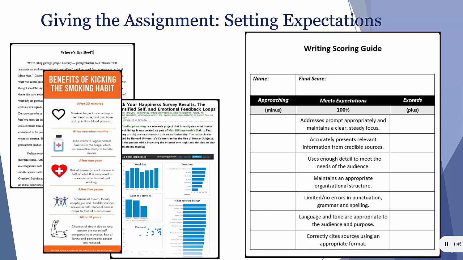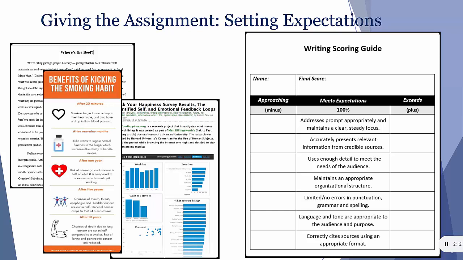The first thing, they address the prompt appropriately. They have a clear, steady focus. They use relevant information from credible resources. They use enough detail to meet the needs of that particular audience. They use an appropriate organizational structure, and the information flows the way that supports a reader.